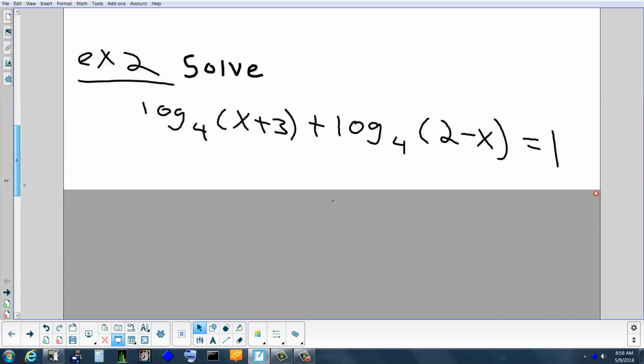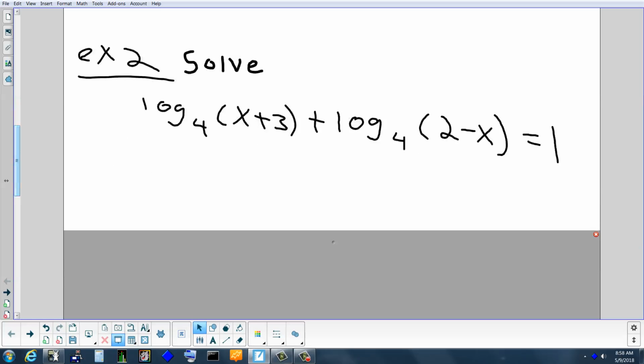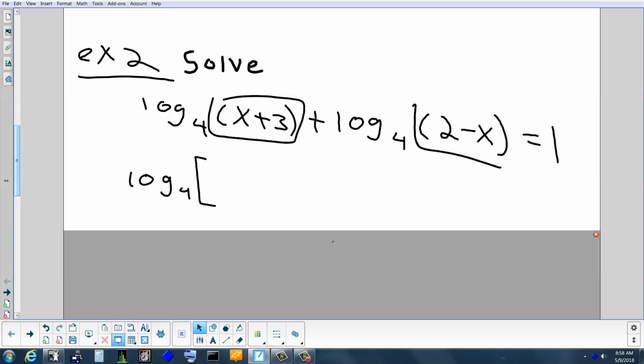When I combine them, what's going to be the base when they're put together as one log? Yeah. It stays 4. When you combine and separate things, the base never changes. It's going to stay as 4. And now we have to look at the 2 logs. There's a plus sign between them. So that means this and this must have been originally what operation?